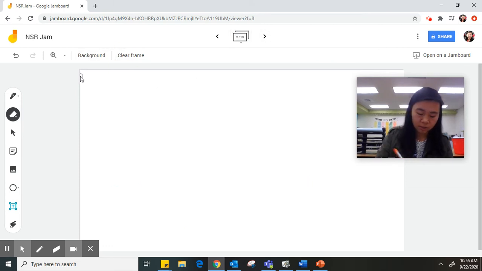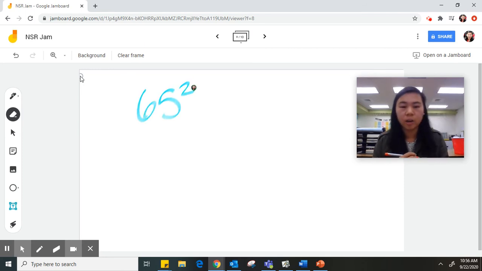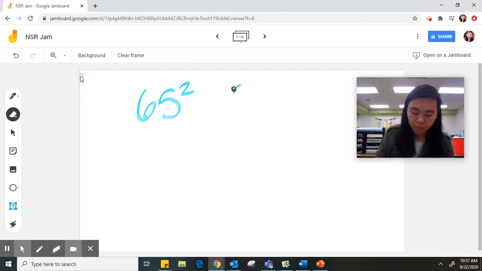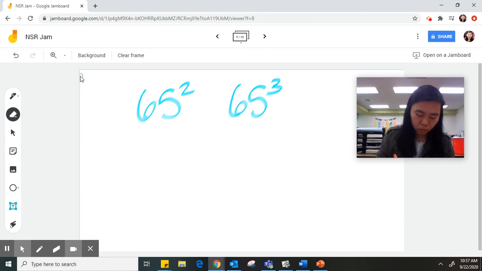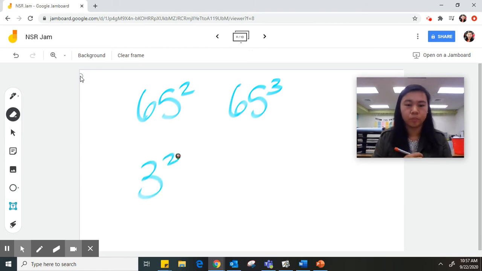So let's go over this. I'm going to give you an example problem. How about 65 to the power of 2? How do you read that? 65 squared, because I have this 2. What about 65 to the power of 3? I can read this 65 cubed. What about 3 to the power of 2? 3 squared.